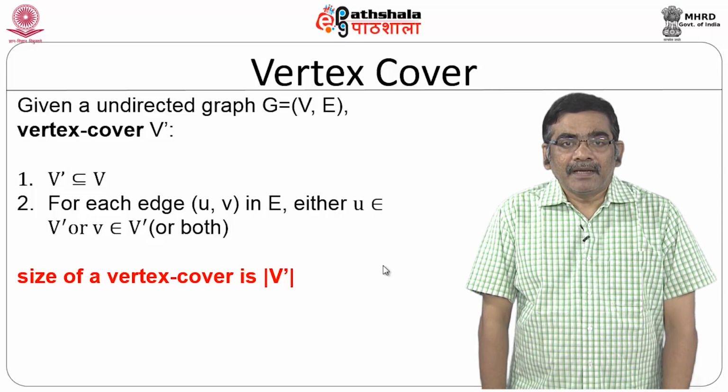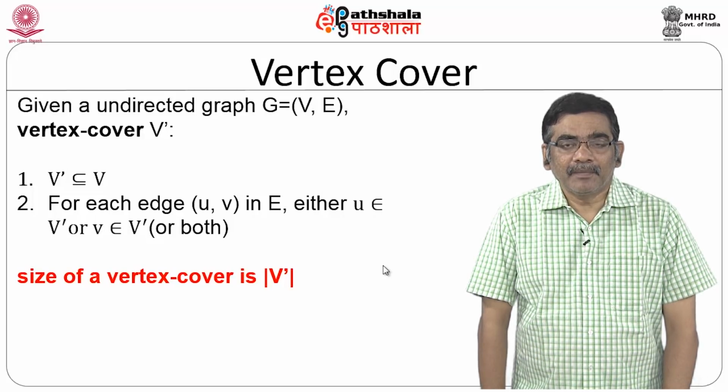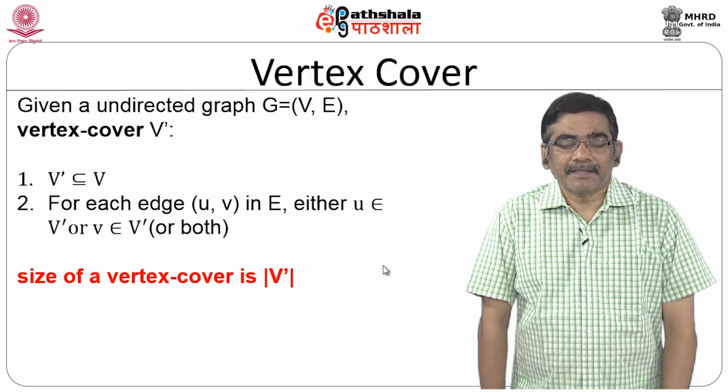What is a vertex cover problem? Assume that we are given an undirected graph G = (V, E), where V is the set of vertices or nodes and E is the set of edges.